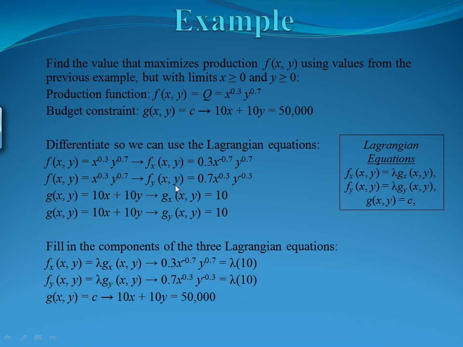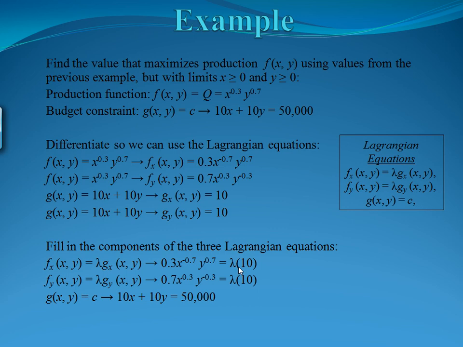So now that we have all our partials, we want to set up our three equations. The first equation is the partial derivative of f with respect to x equals lambda times the partial of g with respect to x. So our partial of f looked like this, equals lambda, and then our partial derivative of the constraint with respect to x was 10.